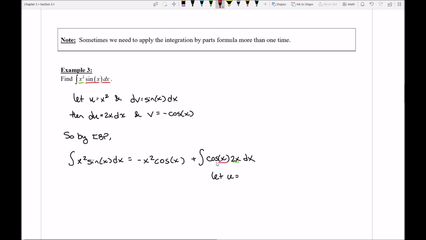And then maybe I can do the trig function again as the thing to do an antiderivative of. So if u is 2x and dv is the cosine of x dx, then du should just be equal to 2 dx. V should be equal to positive sine x, right? Derivative of sine makes cosine.